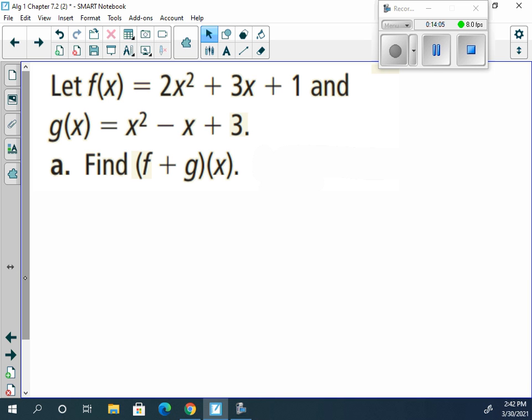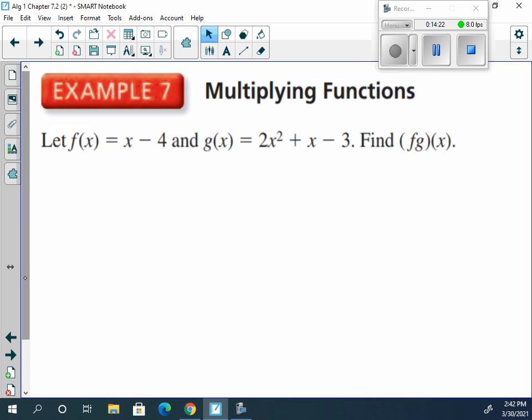Do we want to see this one here? Would seeing this help you better understand it? Yes? No? Okay. Because what I want to look at is this one here also, our multiplication.